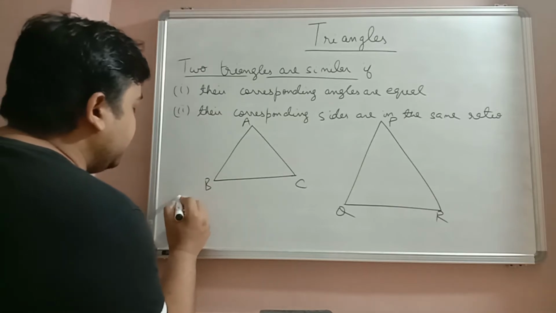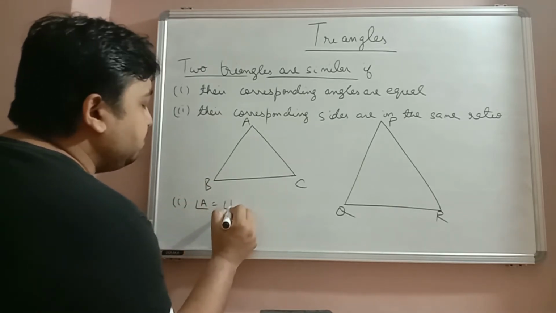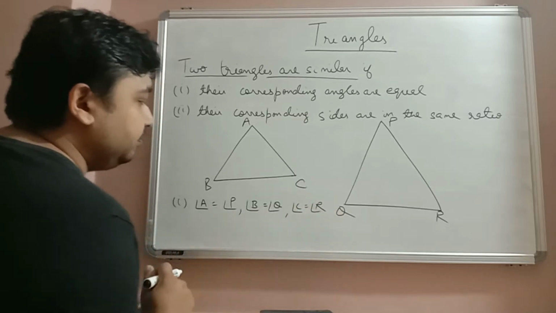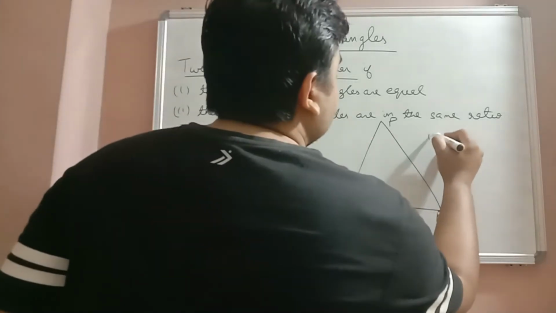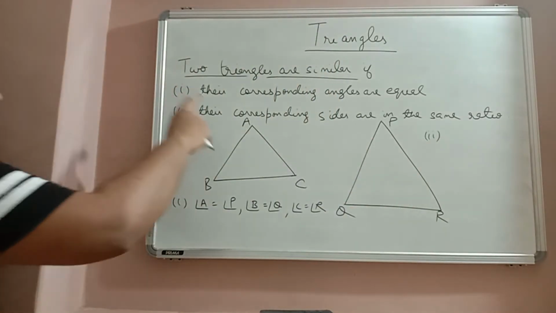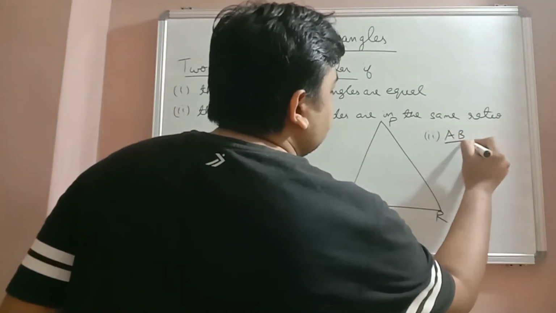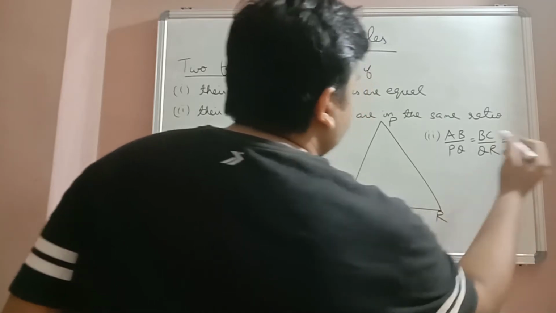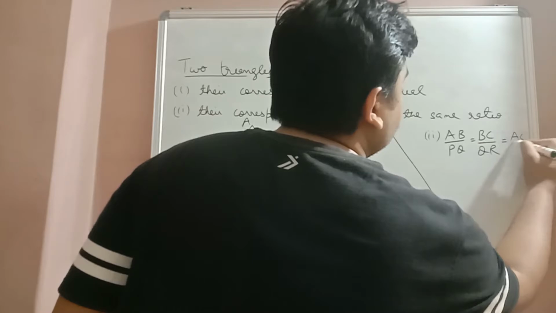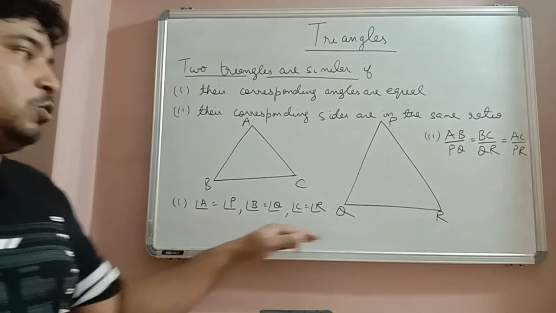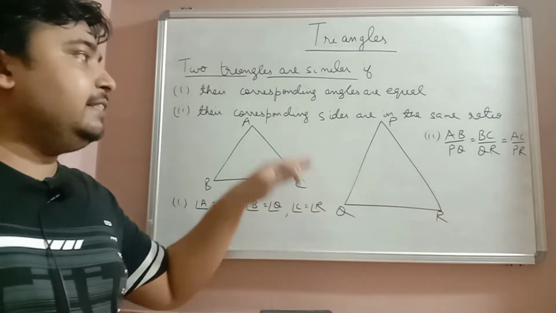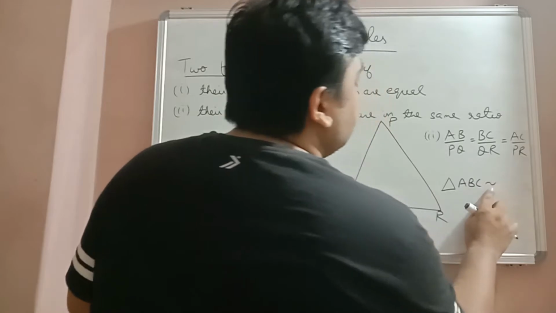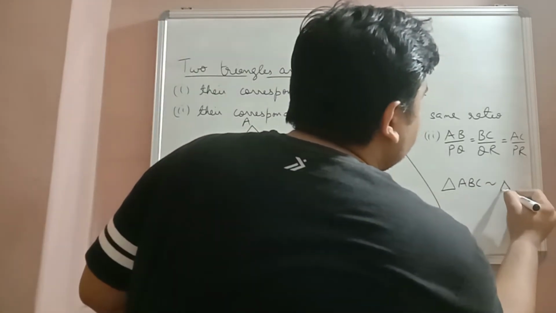Now if in these two triangles, first case, angle A equals angle P, angle B equals angle Q and angle C equals angle R, and in the second case, if AB upon PQ equals BC upon QR equals AC upon PR, if these two things are satisfied in these two triangles, then we can say that triangle ABC is similar to triangle PQR. This is the symbol for similarity.